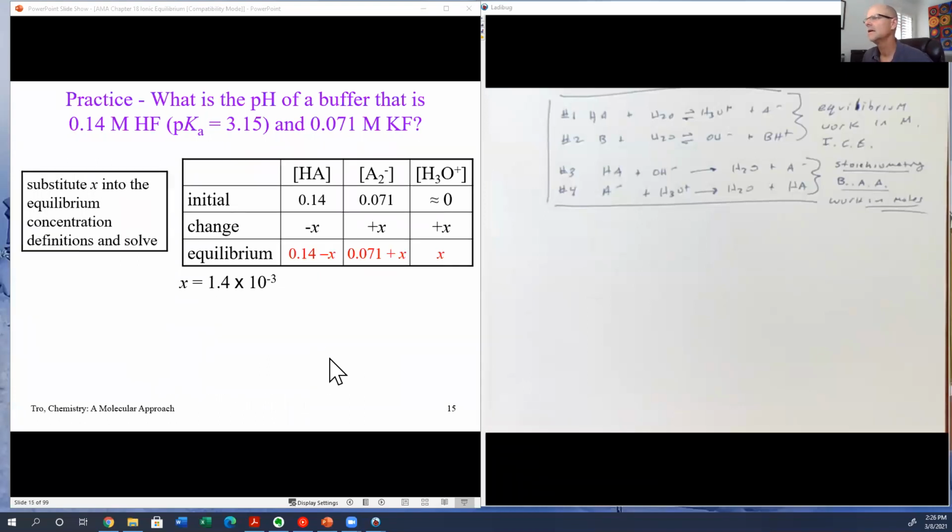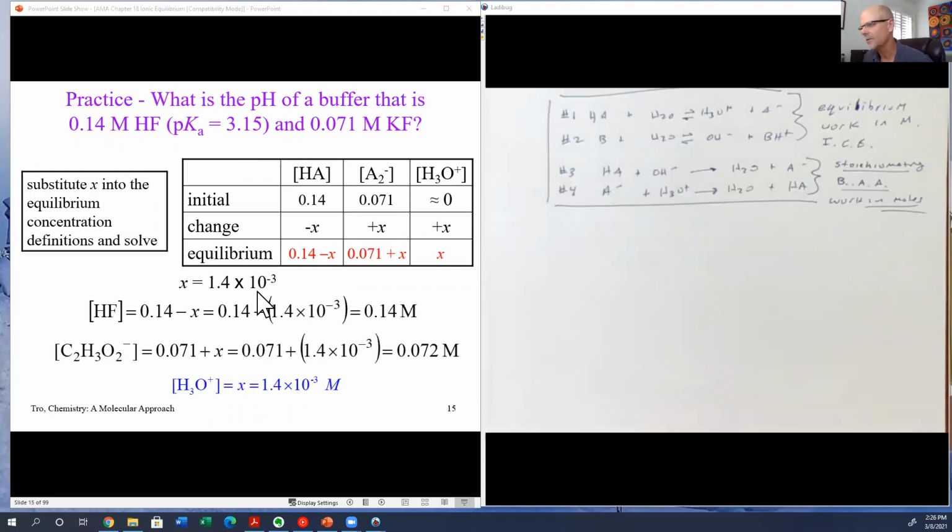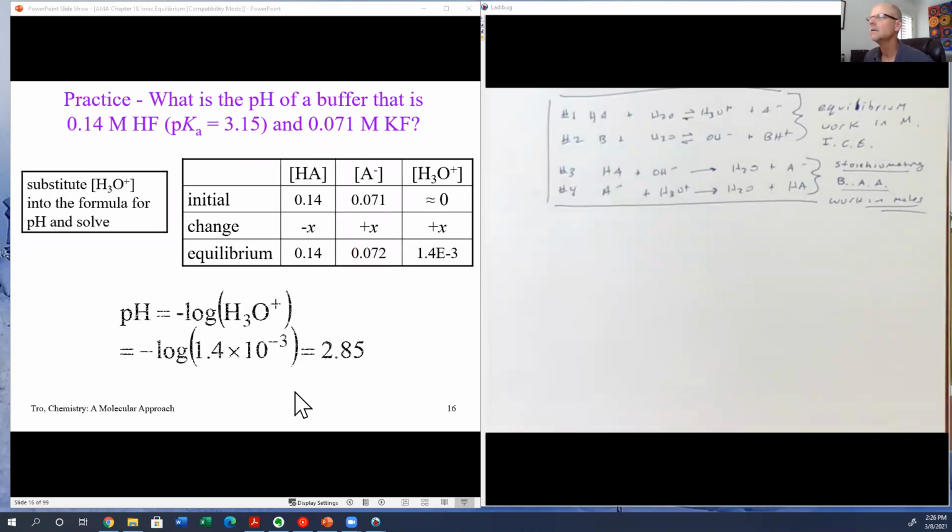So I get that X is equal to 1.4 times 10 to the minus 3. From there, X is equal to the H3O plus concentration, and then I get my pH is equal to 2.85. Does that make sense?